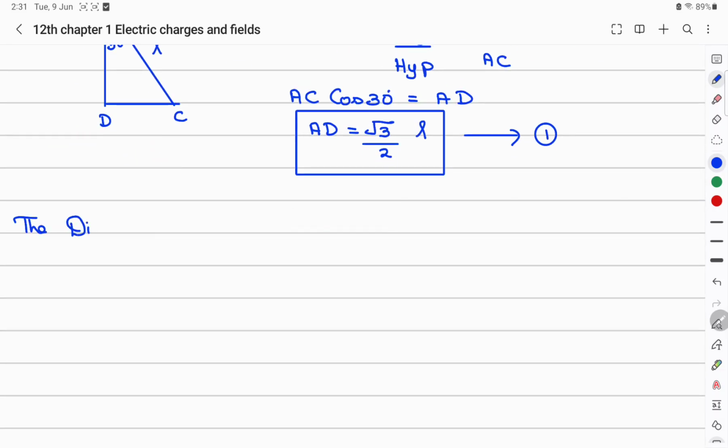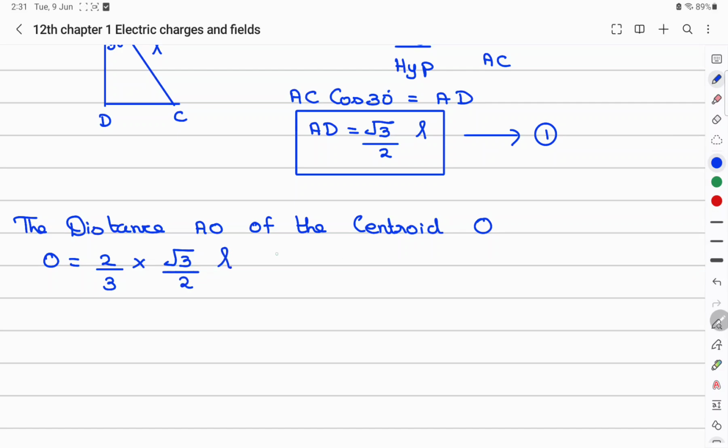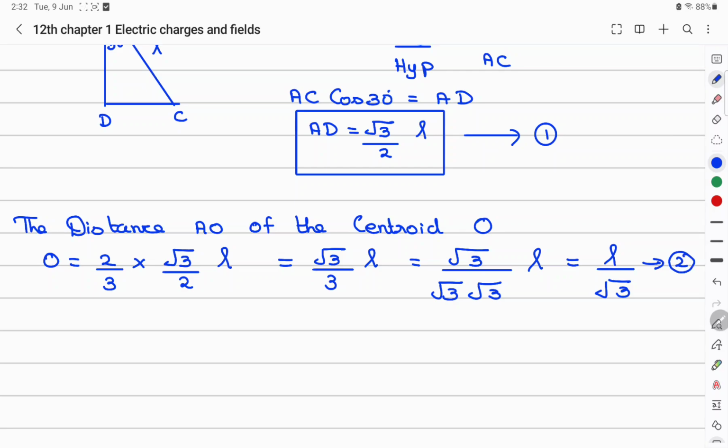So the distance AO of the centroid O is equal to 2 by 3 into root 3 by 2 into L. This can be written as root 3 by 3 L, or root 3 by 3 can be written as root 3 by root 3 into root 3, so root 3 will get cancelled. So the final value will be L by root 3. This is the second equation.